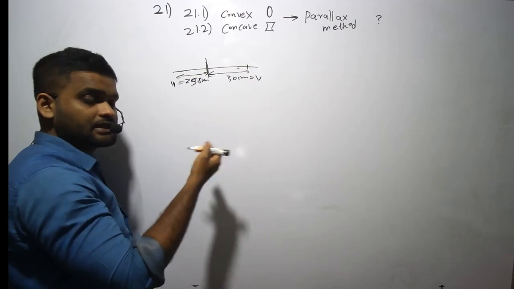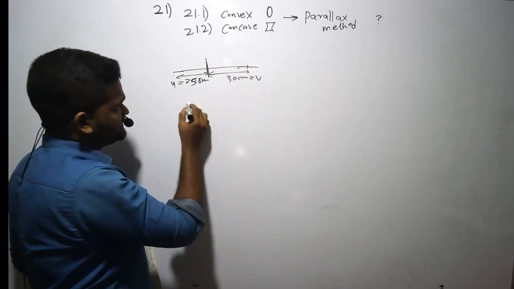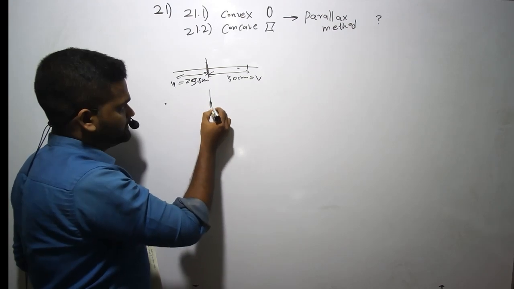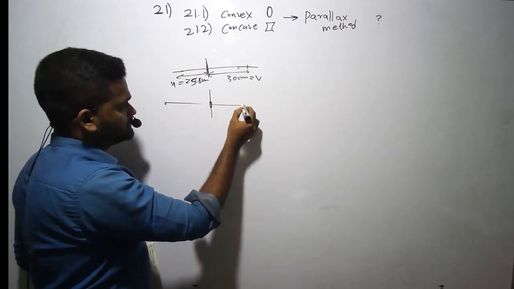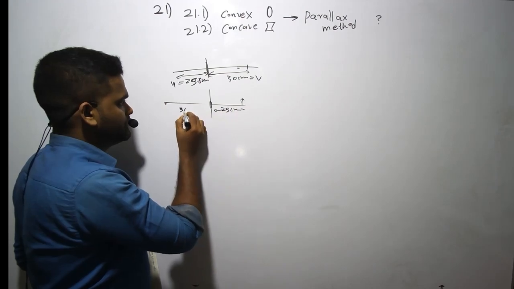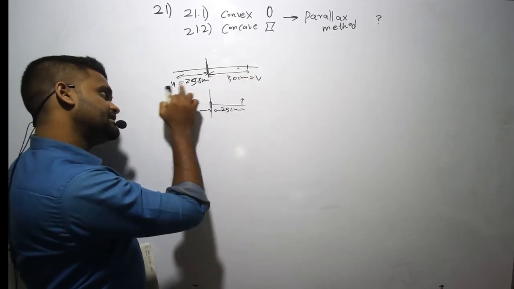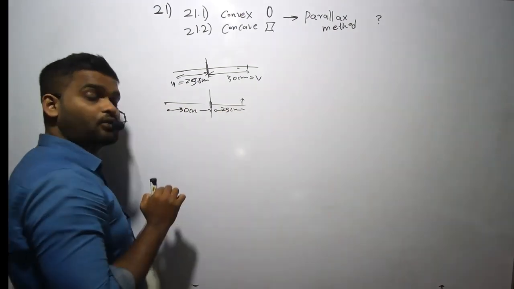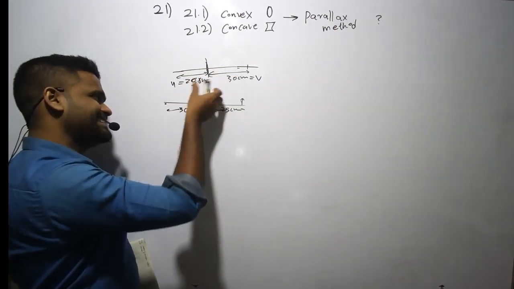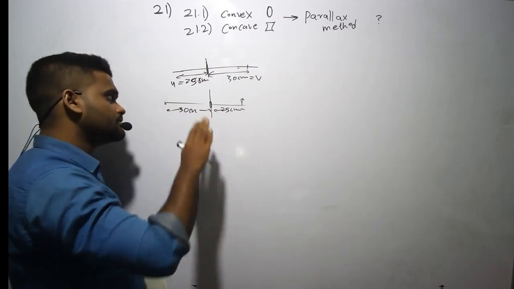Because of reversibility, if you place the object at 30 centimeters, obviously the image is going to form at 25 centimeters. So you can change these V and U values only for real images.